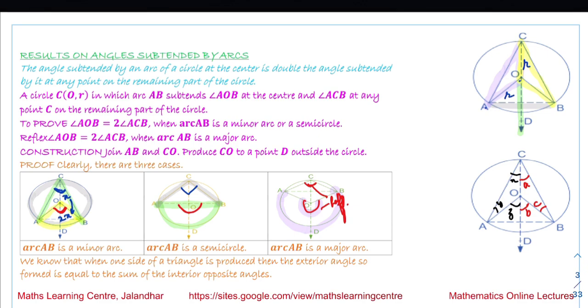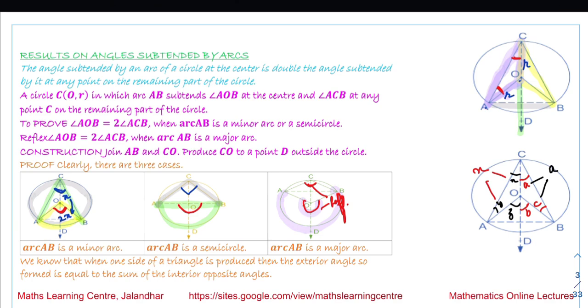So in this triangle OAC, these two sides are equal. It means these two angles, angle at A and angle at C, are equal. Suppose they are equal to X. Similarly, these two angles are equal. Suppose they are equal to A.